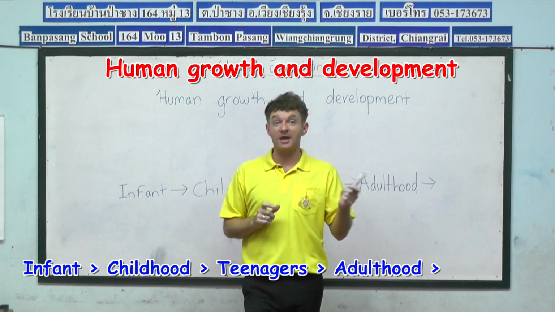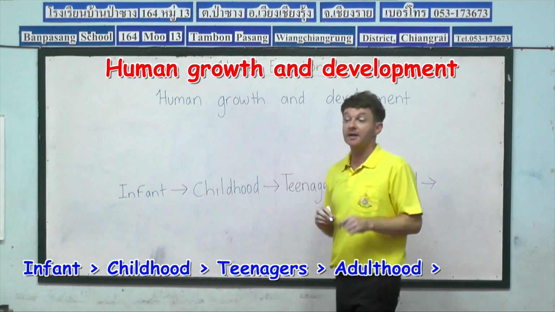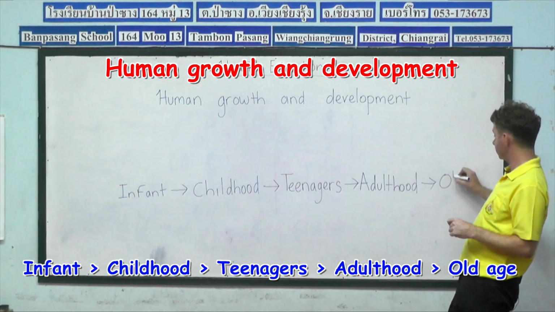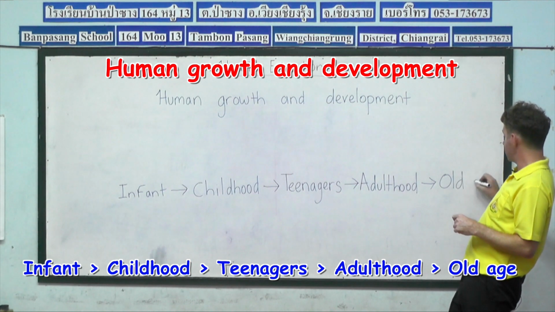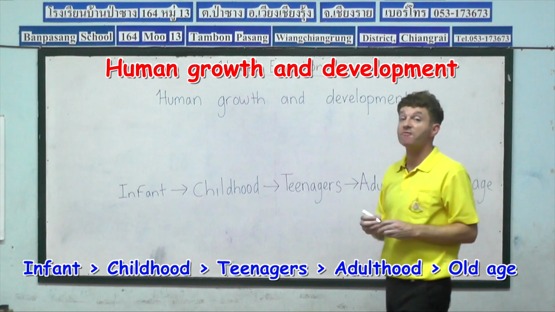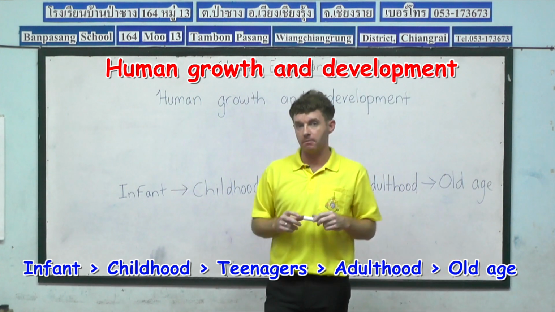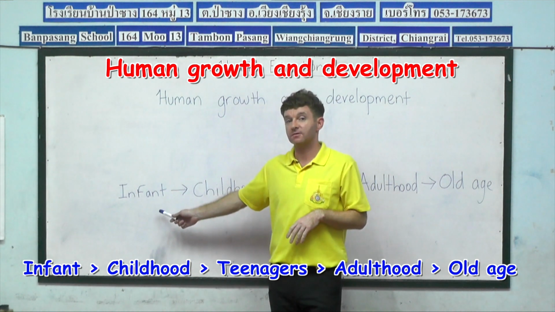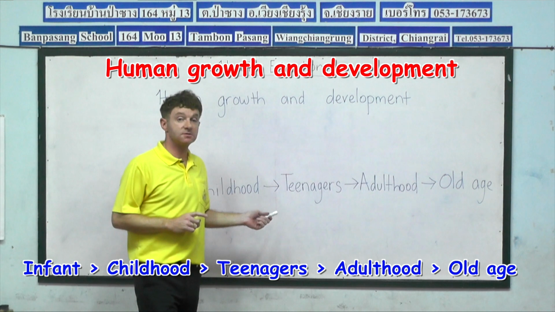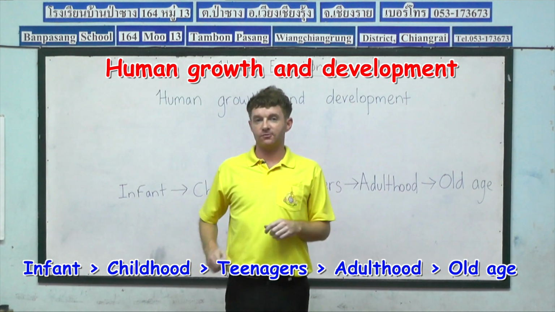There's another period of life that we are known as old age. Yes, we become very old. So here we have the 5 main stages of human growth and development. Infant, childhood, teenagers, adulthood, and old age.